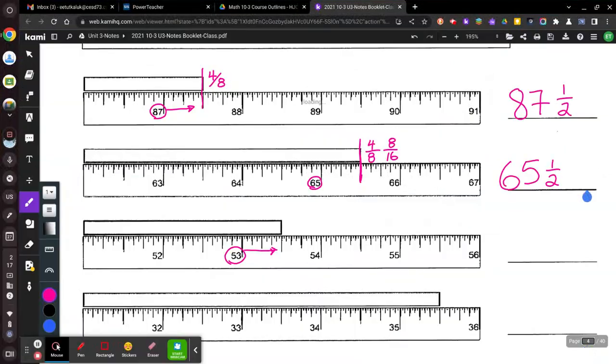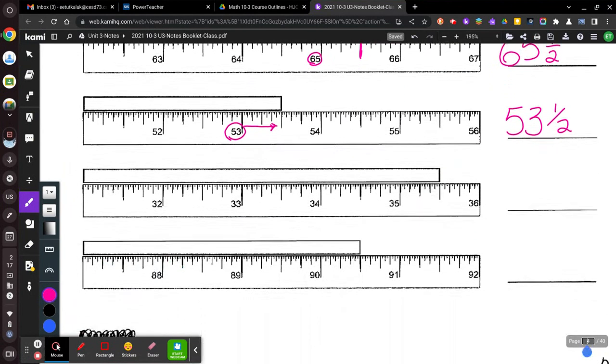So we will have 53 and 1/2. The next one goes past the number 35. So we're going to start with a big 35 and again 1/2. The next one runs past the number 90. 90 and 1/2. Turn your page.